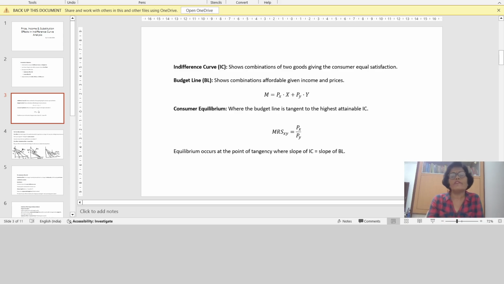This is not new to you: the indifference curve shows combinations of two goods giving the consumer equal satisfaction. And the budget line shows combinations of affordable goods, given income and prices.